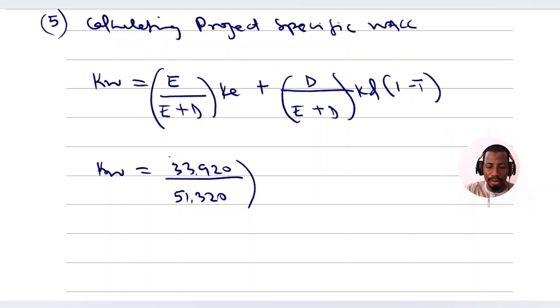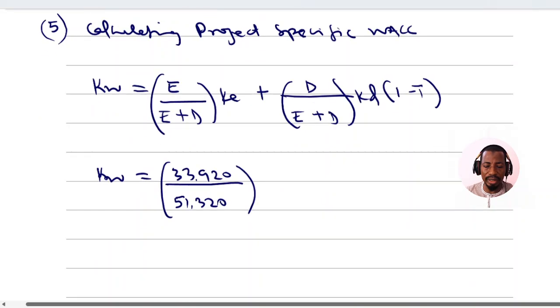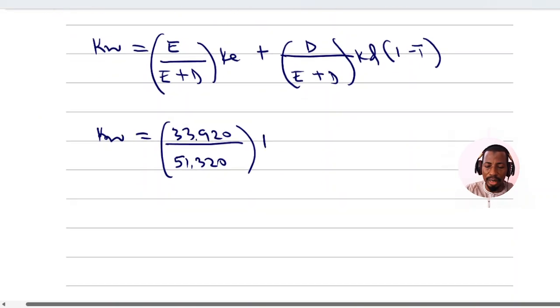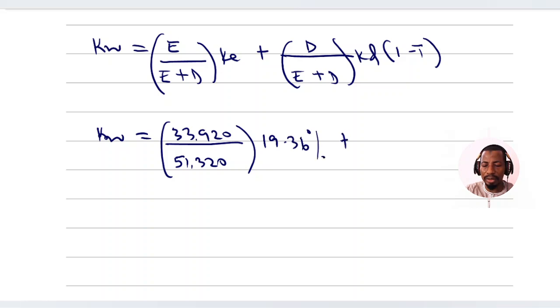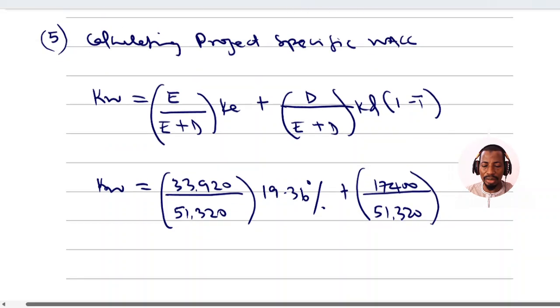So here is 33,920 divided by 51,320 multiplied by the cost of equity of Kilimanjaro, which is 19.36%, plus, open a bracket, the debt value of Kilimanjaro, 17,400, divided by the total value of 51,320, multiplied by the cost of debt.